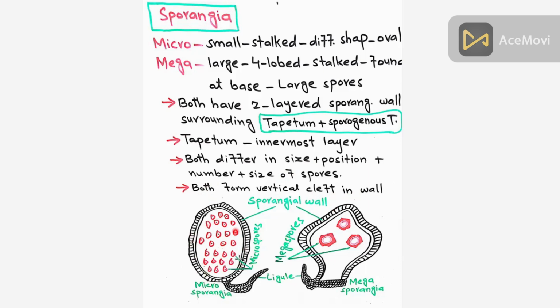This is the structure of microsporangia, and this is the structure of megasporangia. The microsporangia contain a large number of microspores, the sporangial wall, and a ligule. But the megasporangia contain a few spores of larger size, and also have the sporangial wall and a ligule.